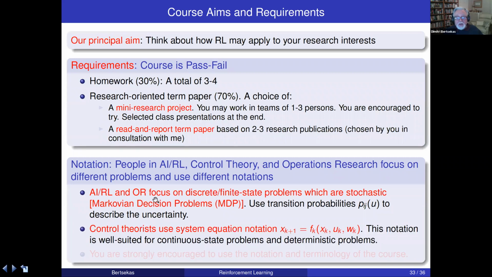As I explained earlier, the notation used there is transition probability notation, whereas we use a system equation notation, at least for continuous state problems and deterministic problems. I want to strongly encourage you to use the notation and terminology of this course.